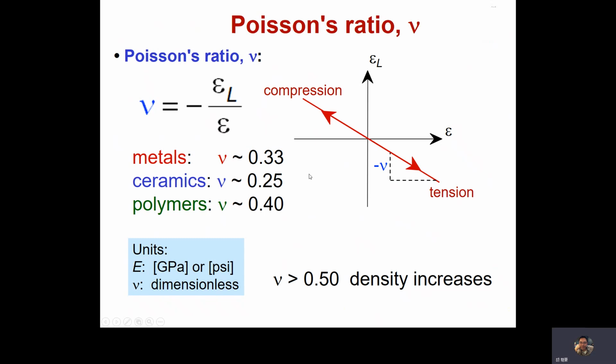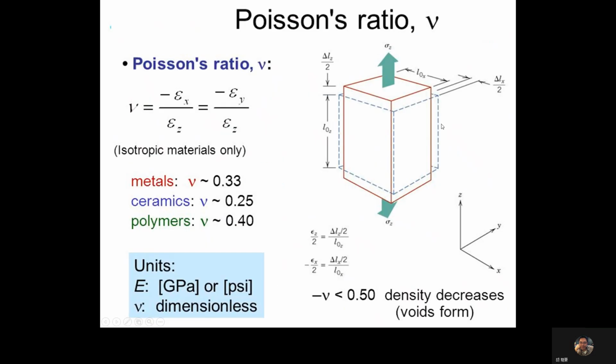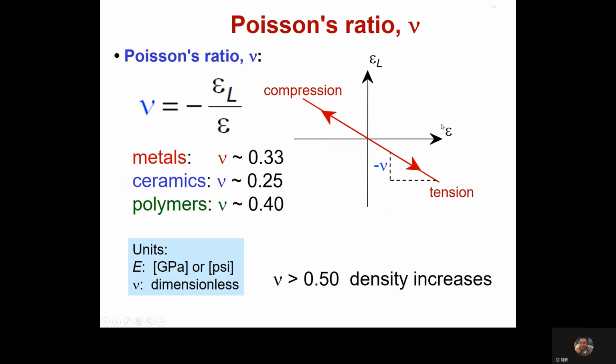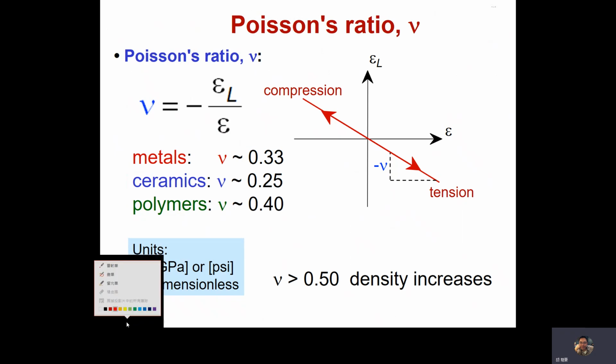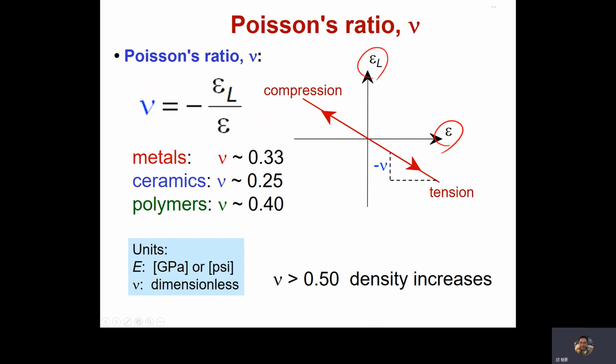Therefore, tensile strain and lateral strain, and the slope between them is the Poisson ratio.